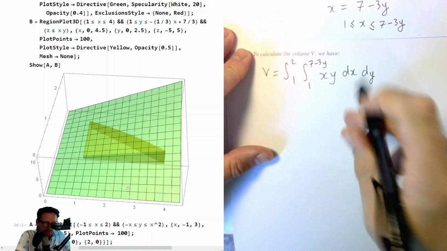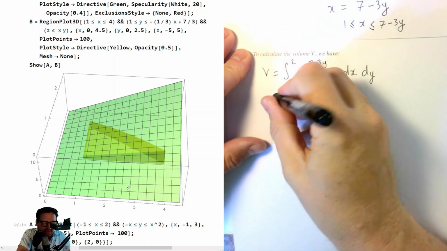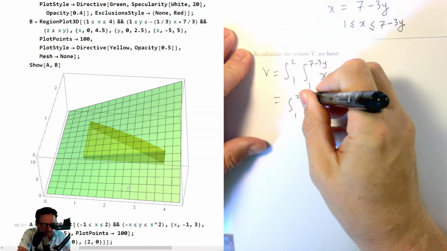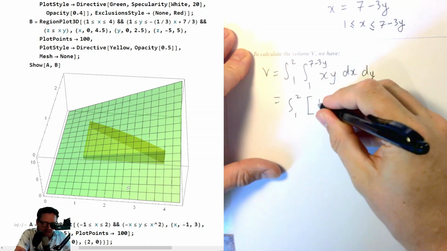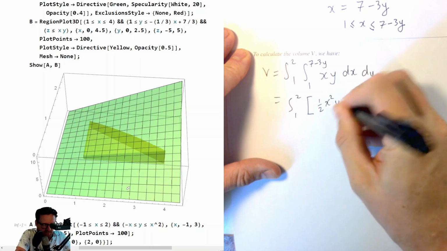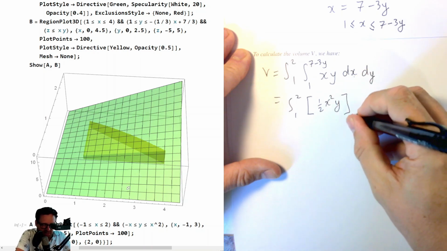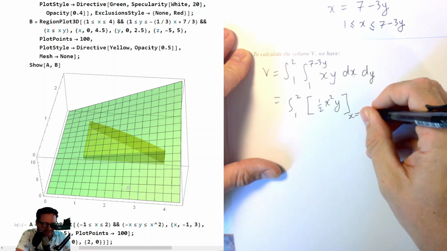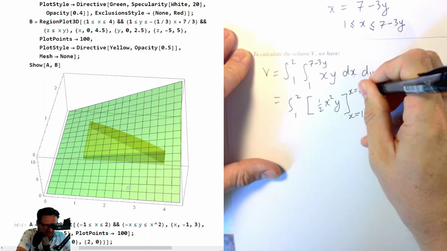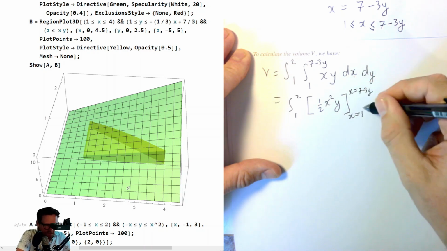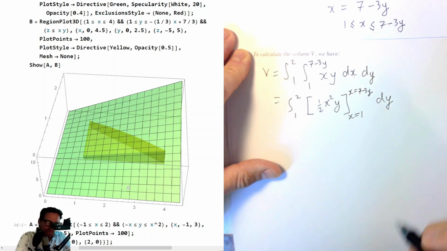All right, so integrating x times y with respect to x first, we have a half x squared times y. And then that's with respect to x. So I like to point out that it's x equals 1 and x equals 7 minus 3y. These are our bounds. It's in terms of x. So I'm replacing the x when I do that.